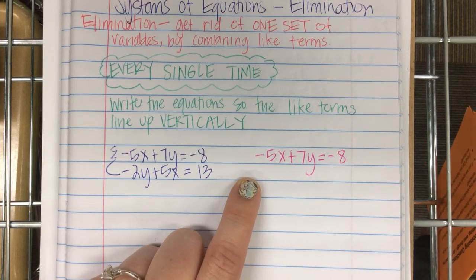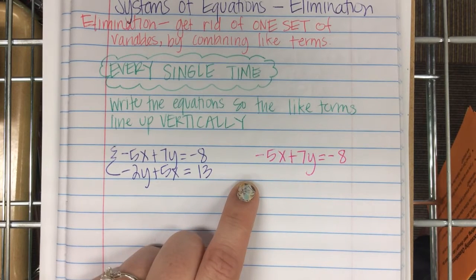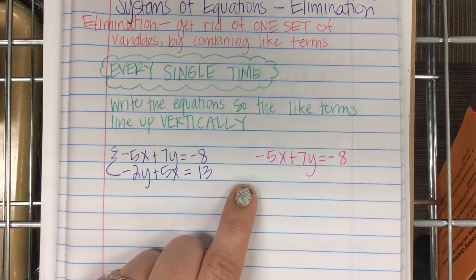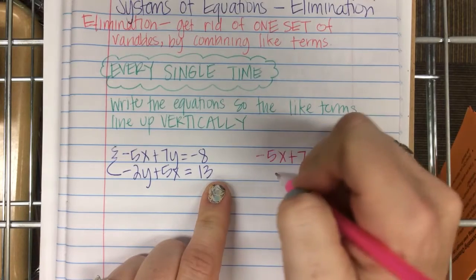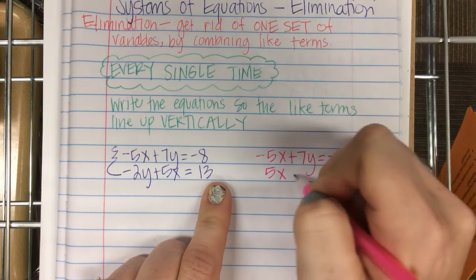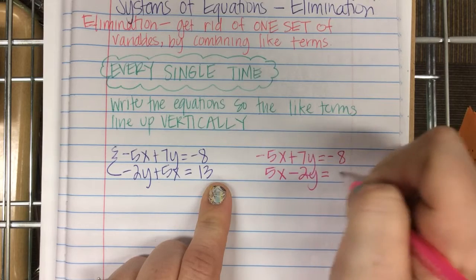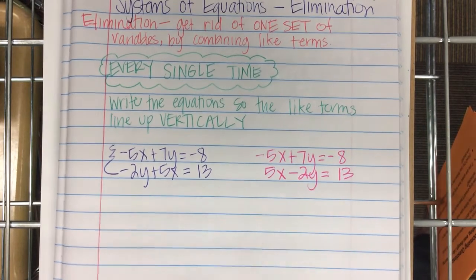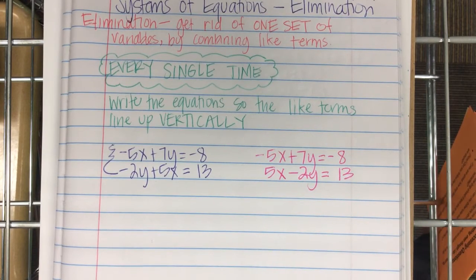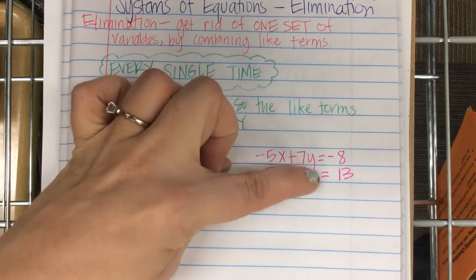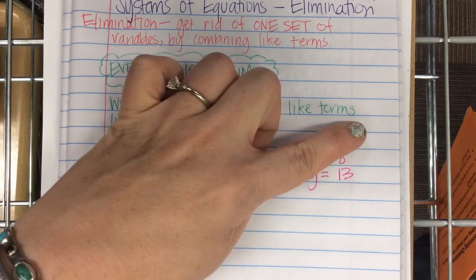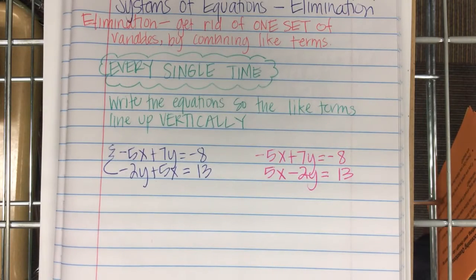And I keep the first one the same, or I could have changed it, doesn't matter. And let's change the bottom one. So what can I change the bottom one to? 5x minus 2y equals 13. Now the like terms line up vertically. My x's are vertical, my y's are vertical, and my constants, my plain integers, are vertical.